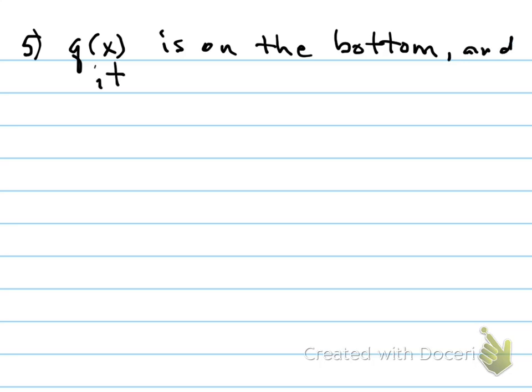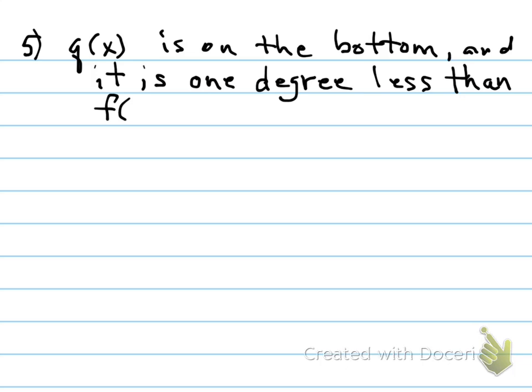But it's just going to be a bunch of numbers. So we've got to put the x's back in. But that's easy too. It is 1 degree. What did I say a degree is another word for? Exponent. Right? 1 degree less than your f of x, which is the original thing you were dividing into.